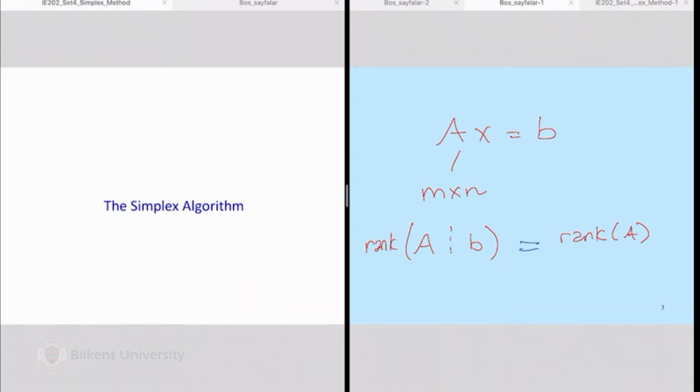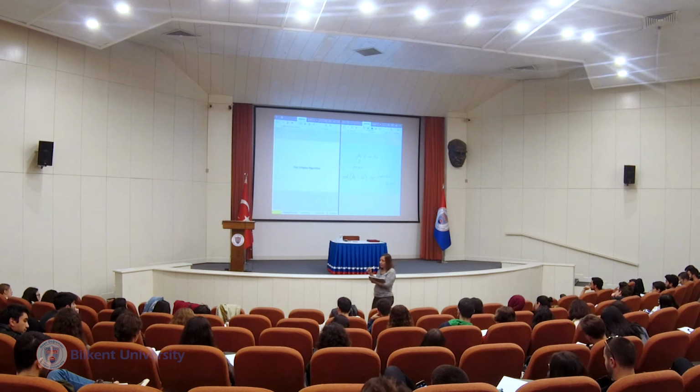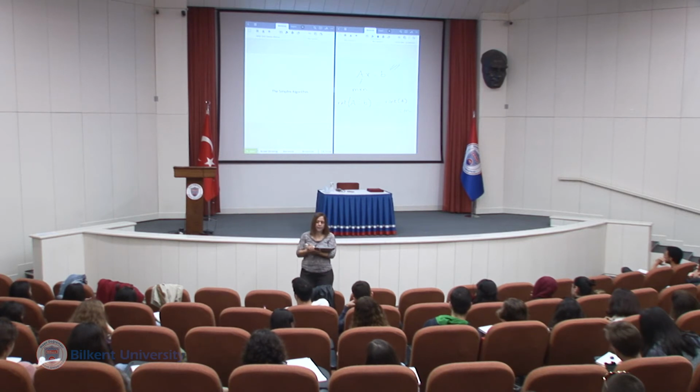And if the rank of A is equal to M, that's the maximum I can have. So whether you put another column in or not, you will have the exact same maximum rank. So rank of A being equal to M guarantees that I have a solution to this system of equations.